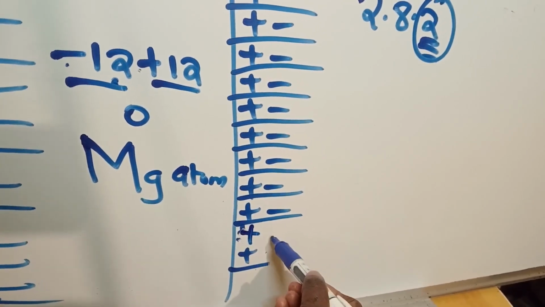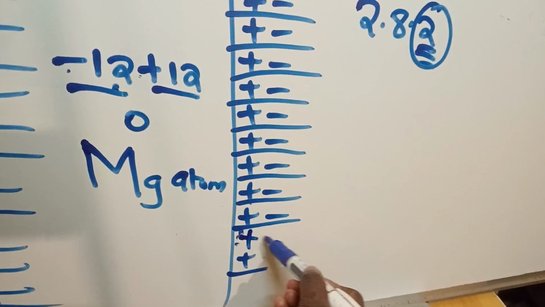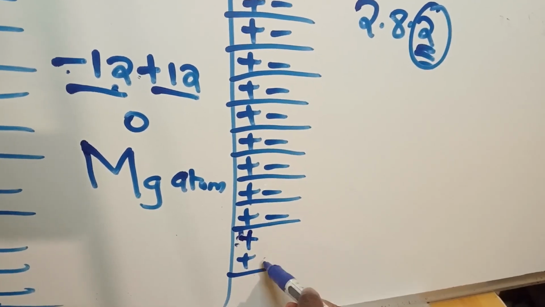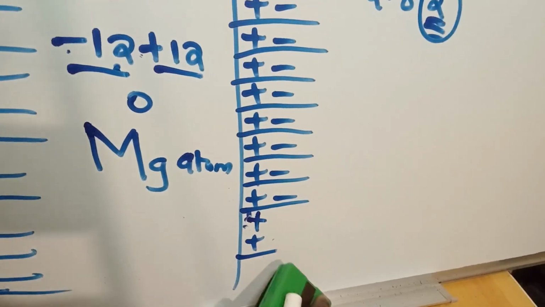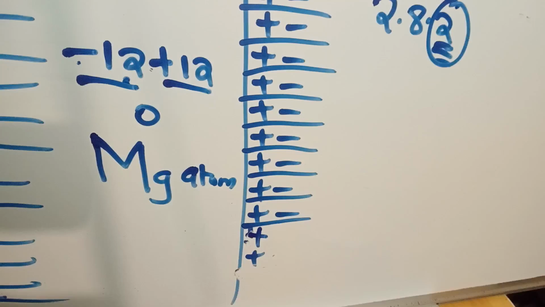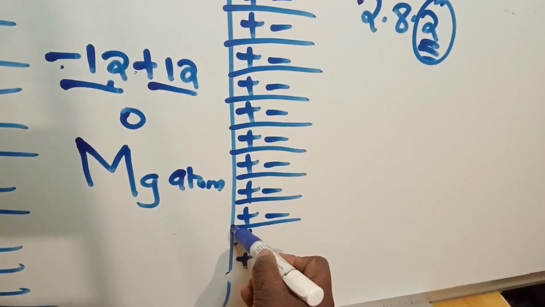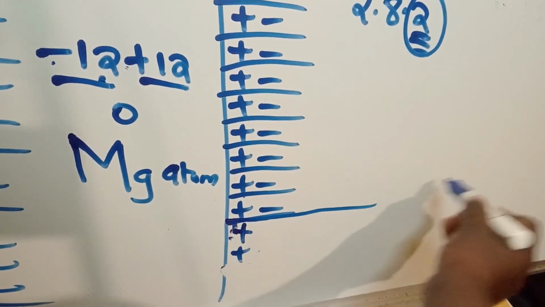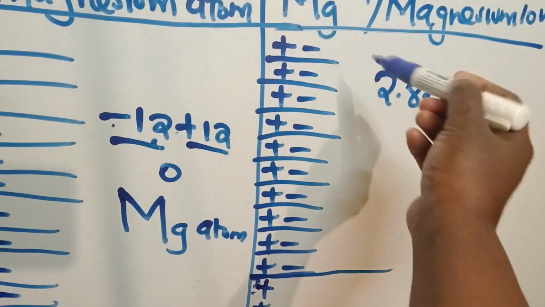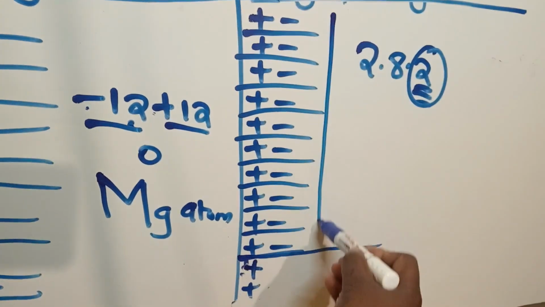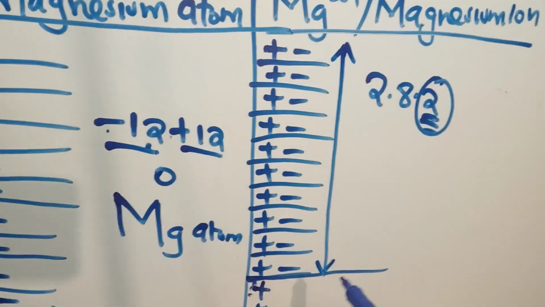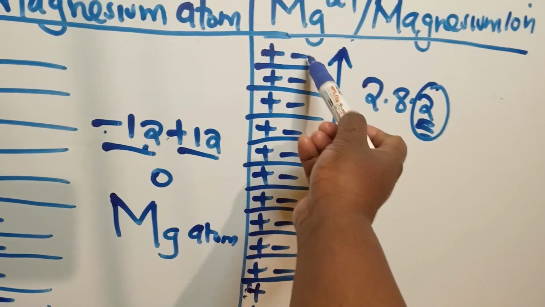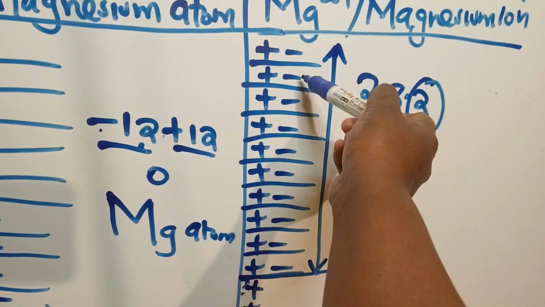So we have rubbed the electrons that were one for this positive and another one for that positive. From there, we are supposed to indicate only this line from the top to the bottom. At this point, each and every positive has a negative to cancel out with.